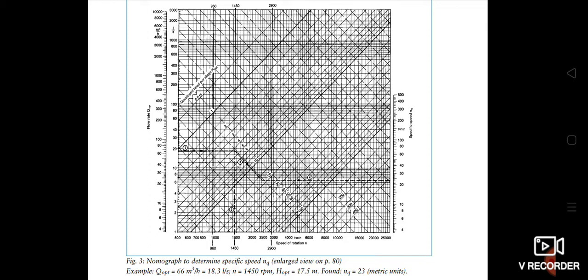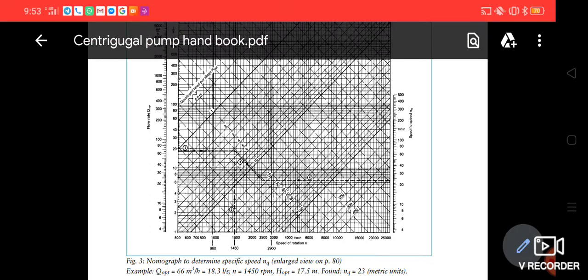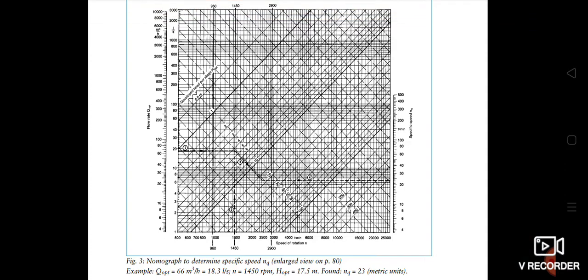So with 2900 and 70, intersect the lines and go to the left side. The left side of the nomograph is flow rate, the bottom is speed of rotation, and the right side is specific speed. Intersecting this point and going to the left side, we get the exact value, which is 60 meter cube per hour.